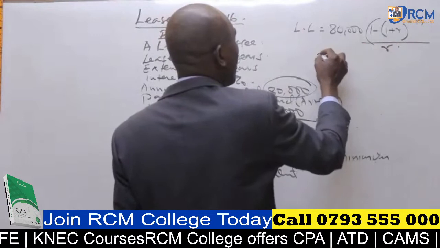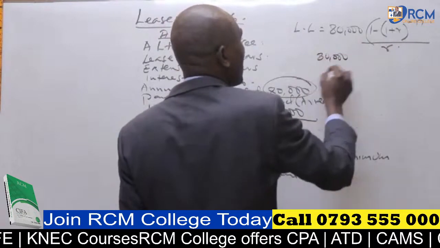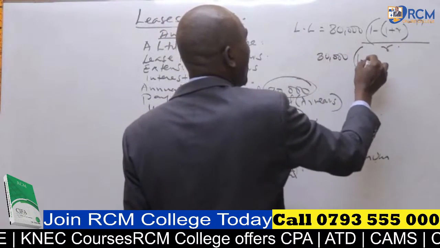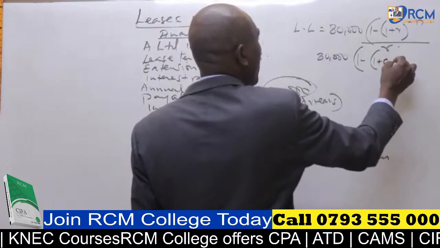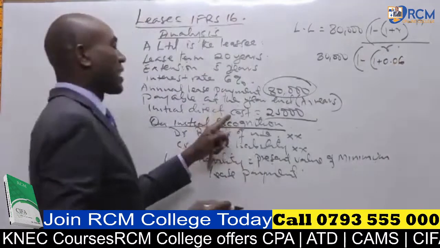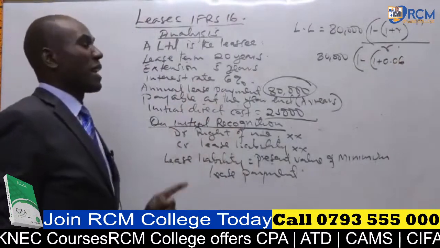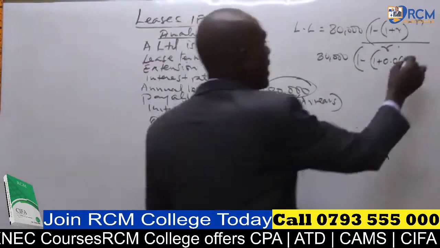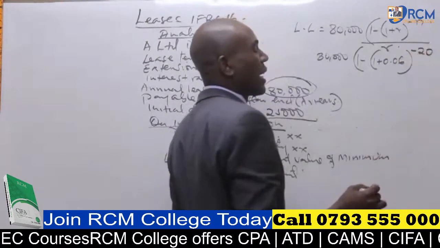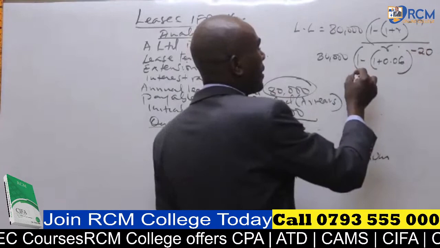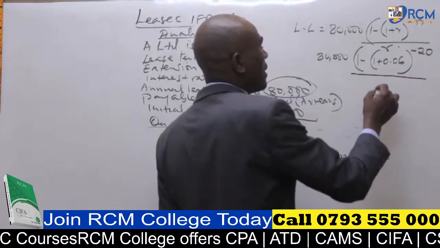Now it will be 80,000 times 1 minus (1 plus 0.06) raised to negative 20, where N is the lease term, divided by 0.06. Our interest rate is 6%, which is 0.06.